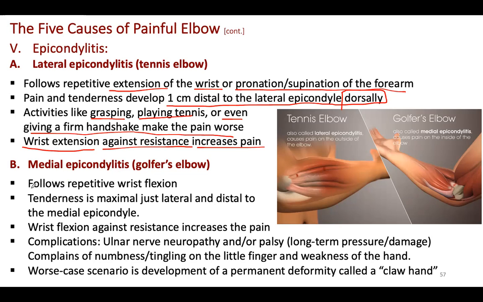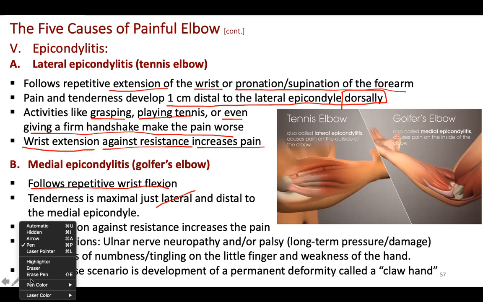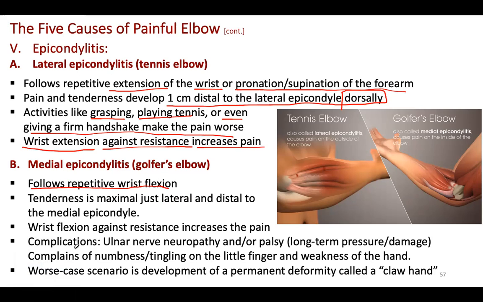Again, medial epicondylitis follows repetitive wrist flexion. Tenderness is maximal, actually this is medial. No, it's lateral, because you cannot go more medial beyond the medial epicondyle, because the medial epicondyle is the most medial structure, right? So it is inside the forearm.